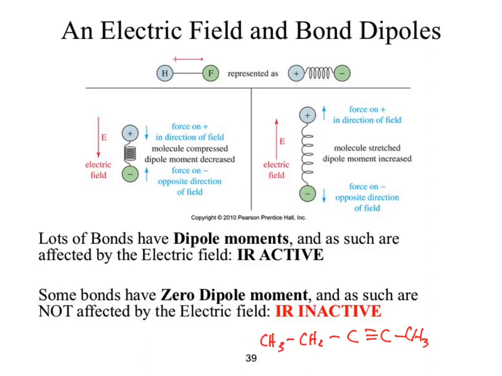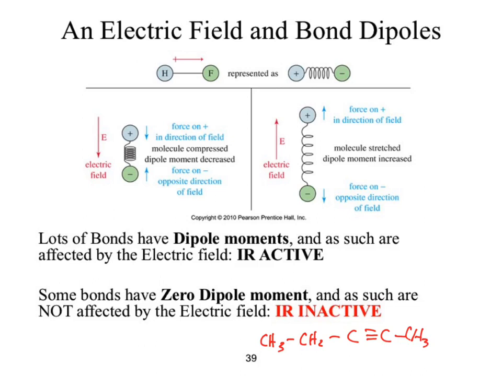Add enough carbons to it, it can gain enough London dispersion forces that now it can transition into being a liquid. I don't know if this one's a liquid necessarily, but let's just say it is. Do I expect to see the triple bond? Yes. Why? It's no longer symmetrical. There is an asymmetricalness to this. How asymmetrical is it?